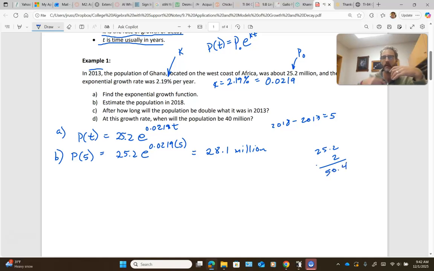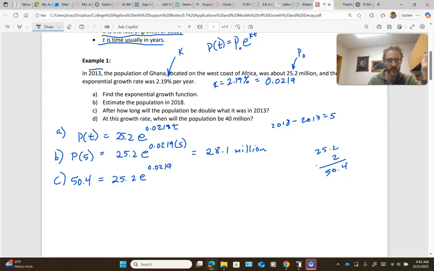So in other words, for what value of t, or how many years, has to pass before the population is 50.4 million? To do this one, you set your function equal to 50.4 million, and we're going to solve this for t.